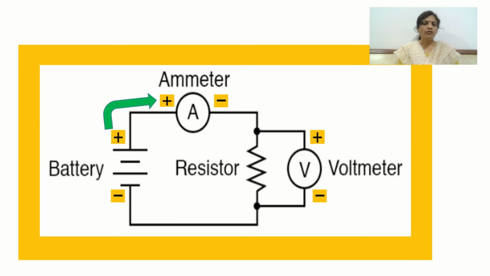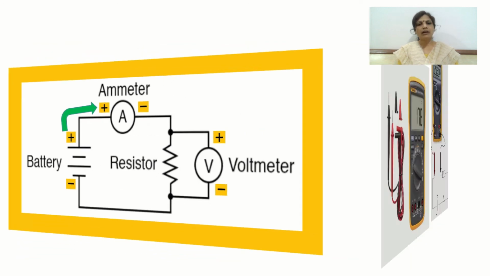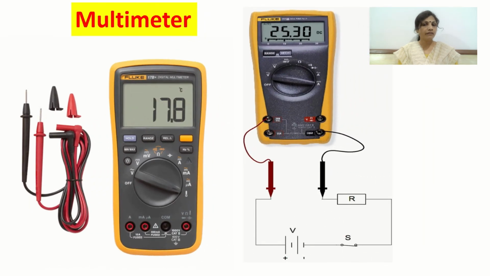I want to tell you about one device that is a multimeter, and the name itself suggests that it is a multi-purpose device. Now in an electrical circuit we have separately made use of the ammeter and voltmeter to measure the current and the voltage, but this multimeter can be used for measuring the current, the voltage, the value of the resistor.